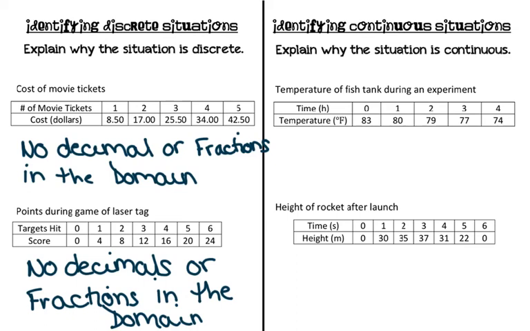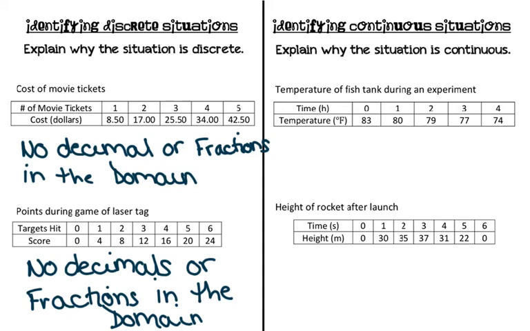Okay, so anything that's an exact amount, generally money or points in a game of some sort, those would be discrete situations. Continuous is something like time that can go in between.